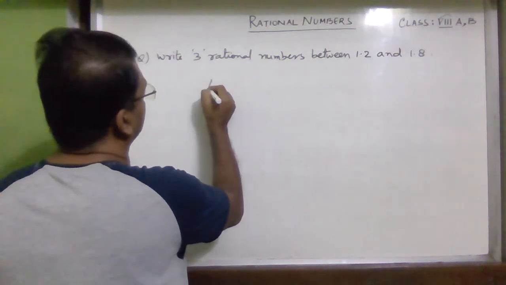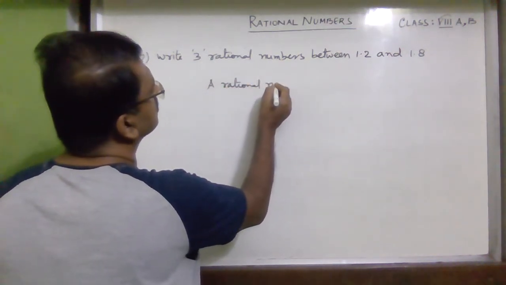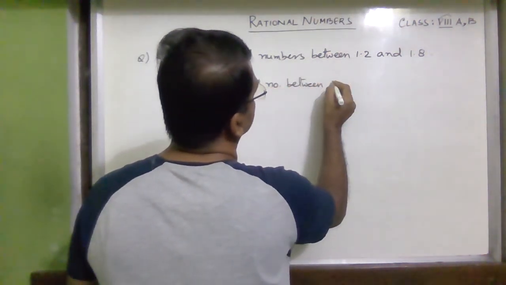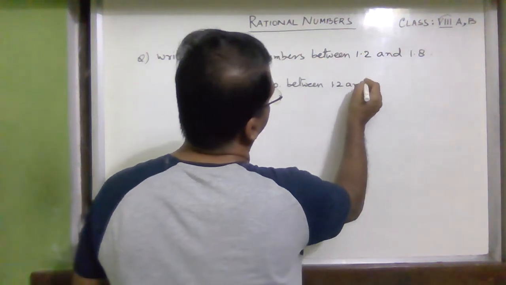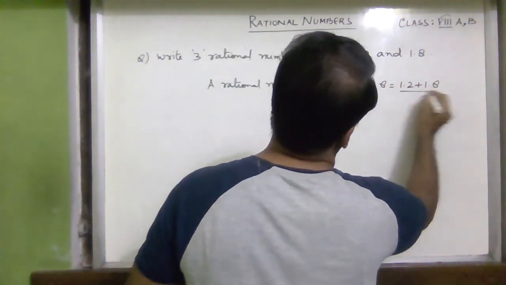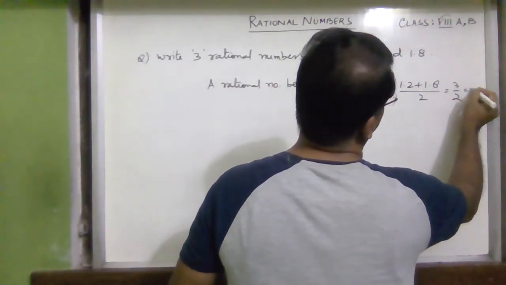The first rational number between 1.2 and 1.8 is equal to 1.2 plus 1.8 upon 2. That is 3 upon 2. That is equal to 1.5.